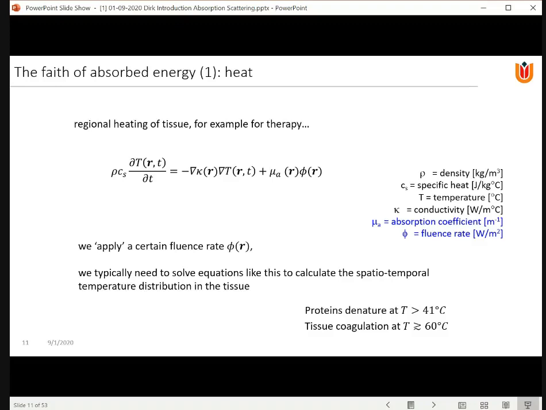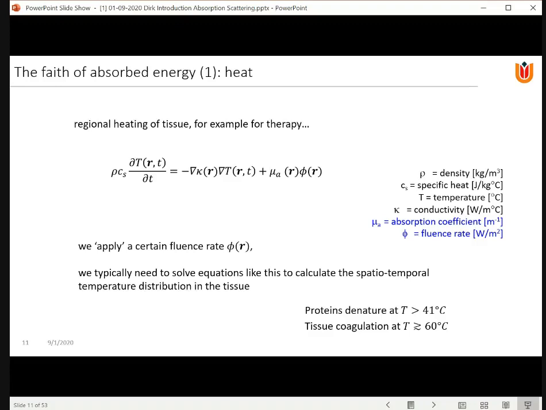What it basically tells you is how much energy, joules per second is watts, you deliver to an area of tissue, and that area can be defined outside the tissue. You can also define it inside the tissue, so then it will be the energy that flows through that area per second. This tells you how strong your light source is, and the product of these two becomes watts per cubic meter.